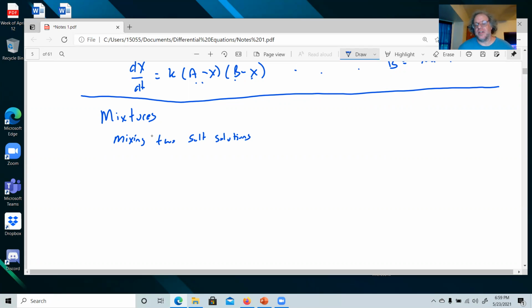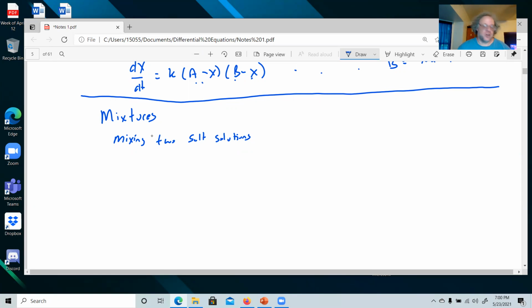I've seen setups where one salt solution is being poured into another, which is being poured into another, and then it's finally free. And you have to figure out what's the salt in each tank at any particular time. We're not going through all of that. We're going to keep this pretty tame. It'll get hard enough with a simple setup.